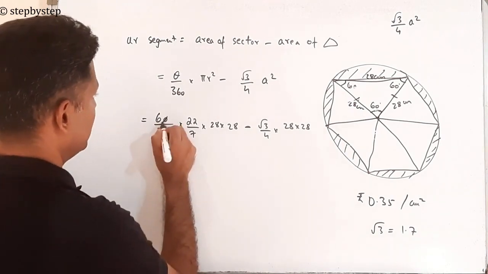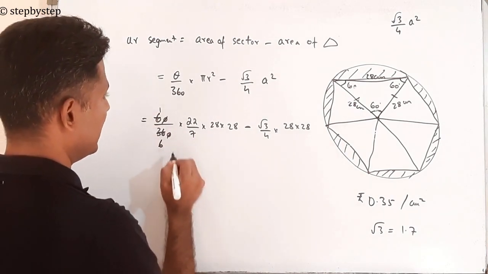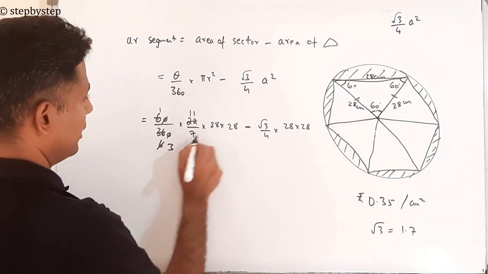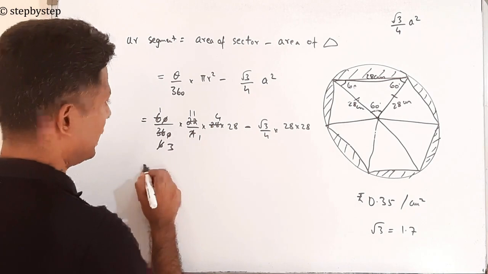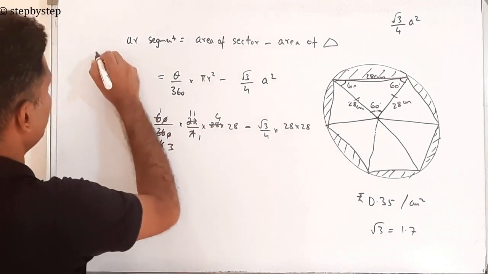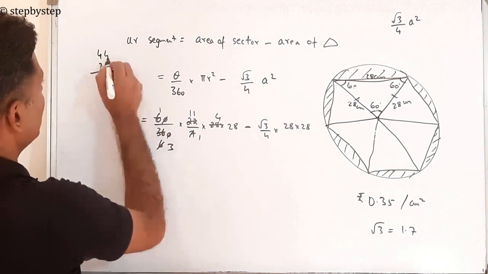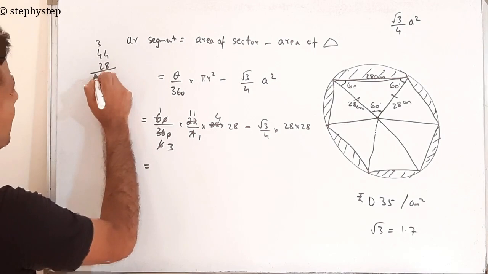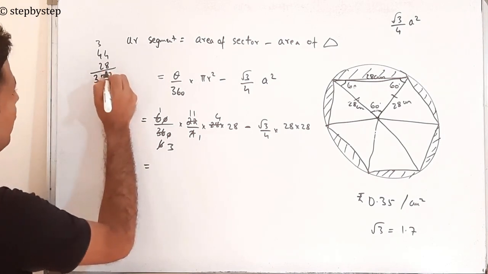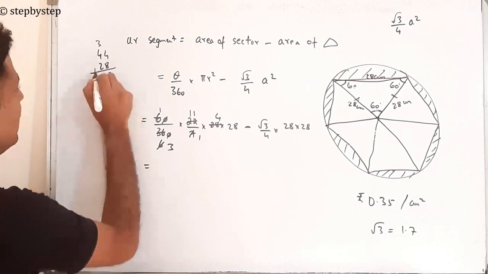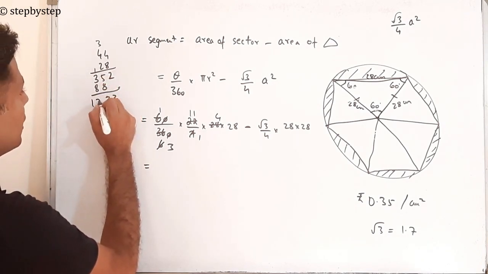Alright, 1 6 ones are 6, 2 3s are 6, 11s are 7 ones are 4s. Anything else we can do? No. So 11 into 4 is 44, 44 into 28, that is 4 8s are 32, 4 8s are 32 plus 3 is 35.